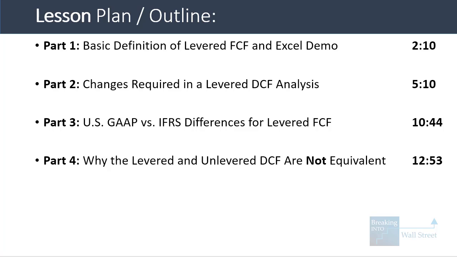Then I'll explain why levered and unlevered DCF analyses are not equivalent and do not actually produce equivalent results in real life for real companies. And then I'll wrap up by addressing whether or not levered free cash flow is ever useful or whether it could ever have potential use cases for certain types of companies.